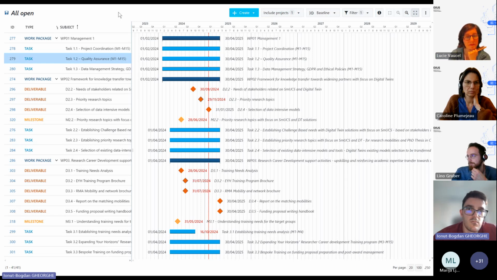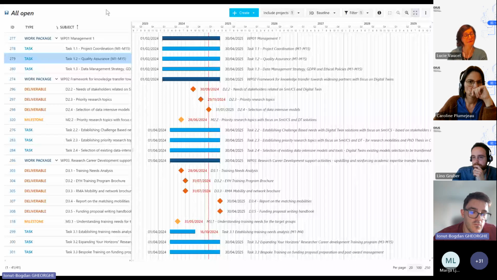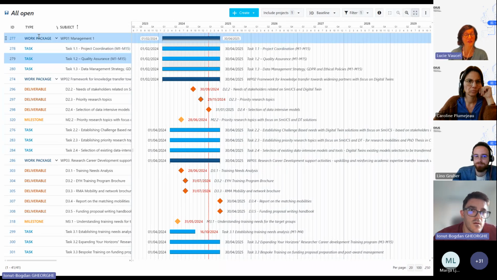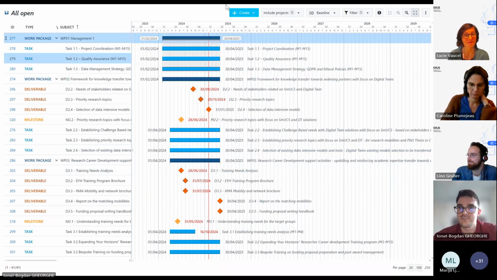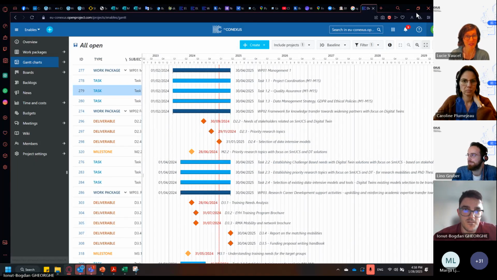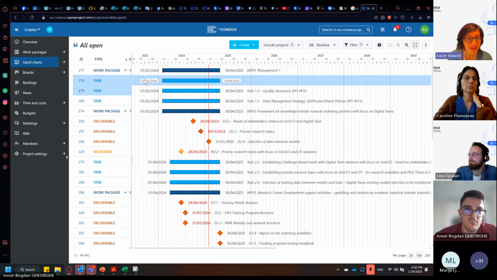But you have to work a little bit more to automate it. But this is a representation of a few words that we learned today: work package, task, deliverable, milestones. That's it. Thank you very much. That's a nice example. That's true, Bogdan.